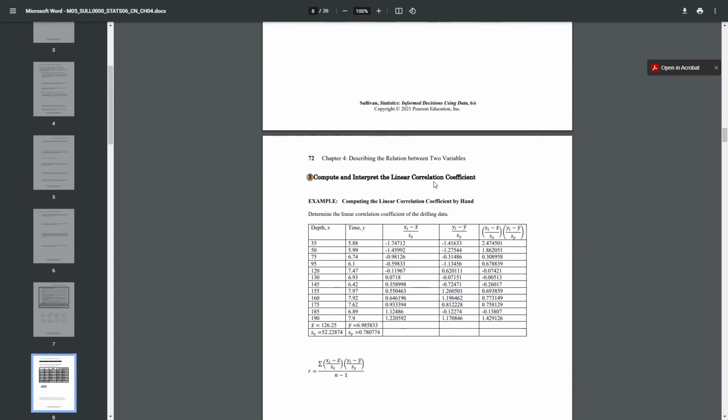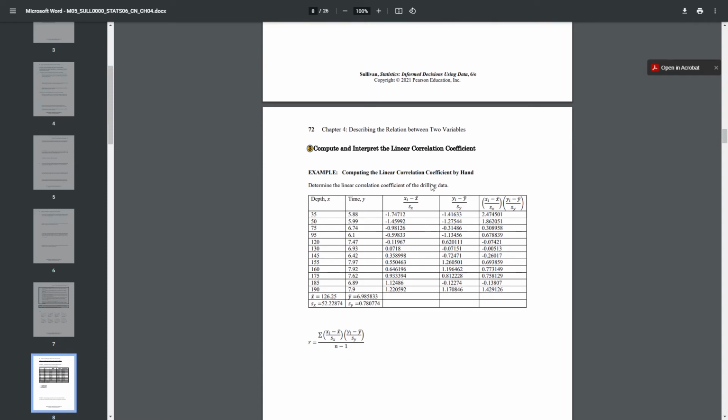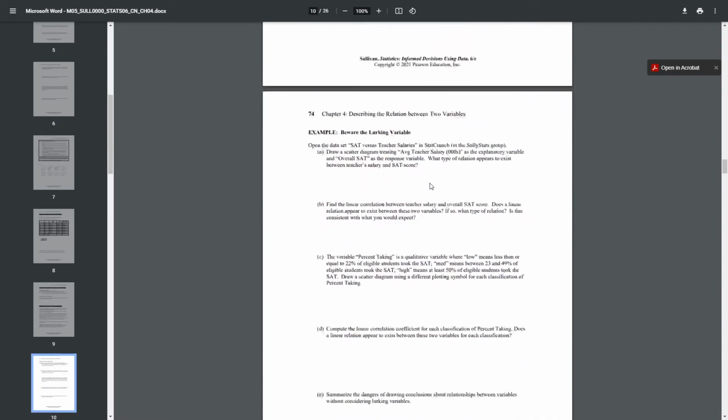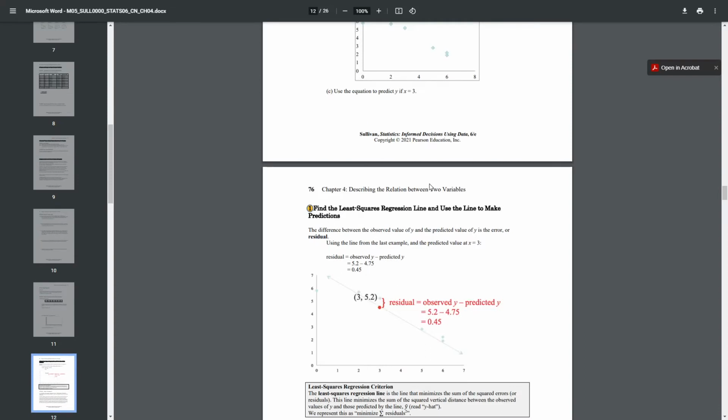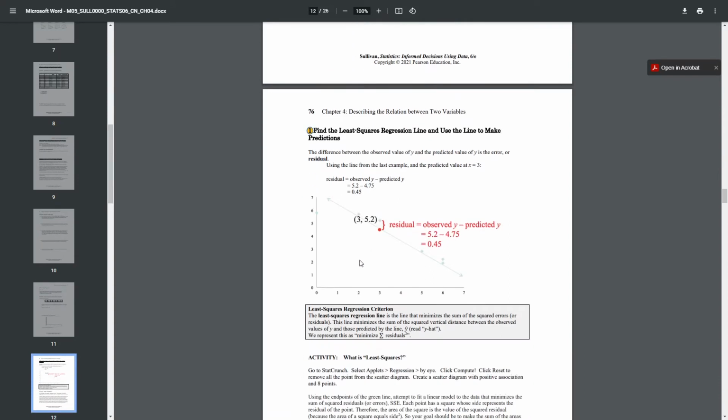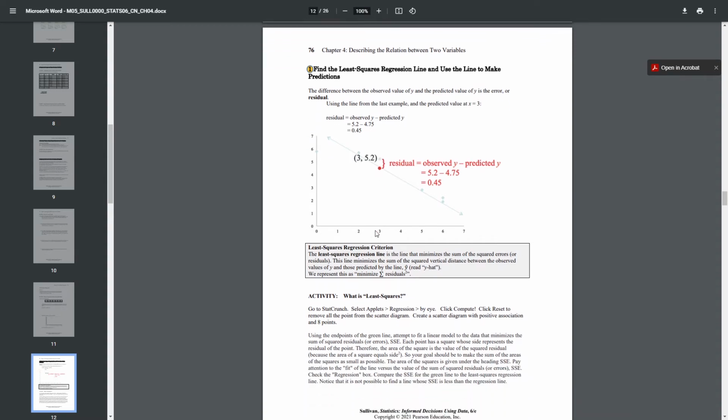Here's an example of calculating a residual. You have to do it for every point. Again, to get the predicted value, you plug 3 into the equation, but we also have the real data value. We want to know that difference.